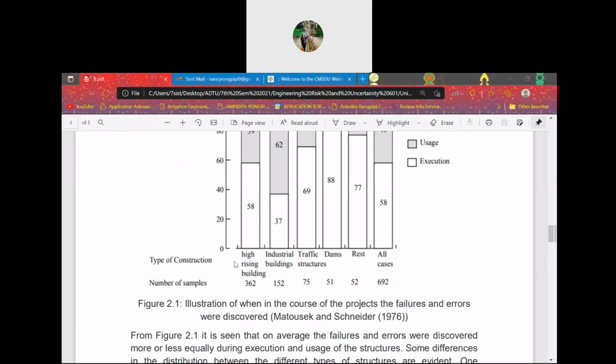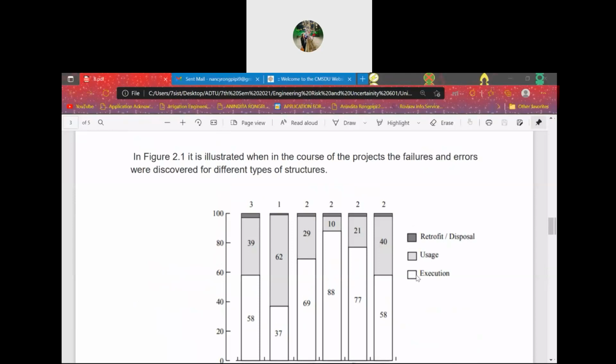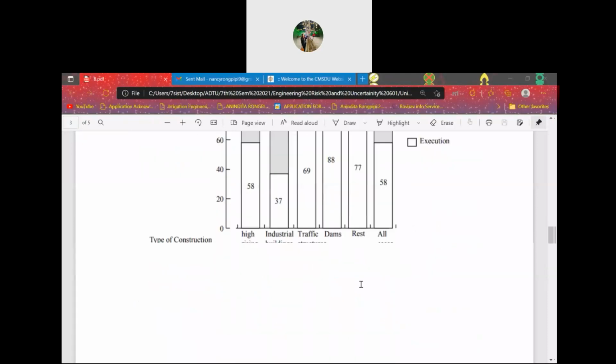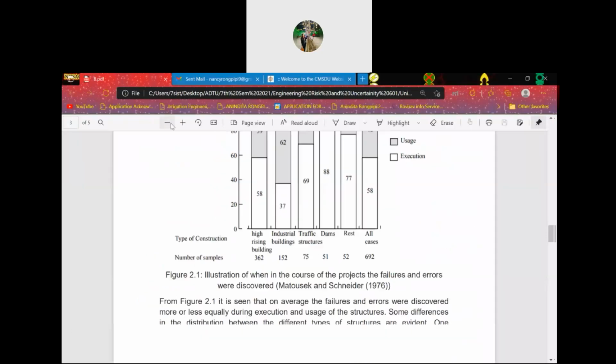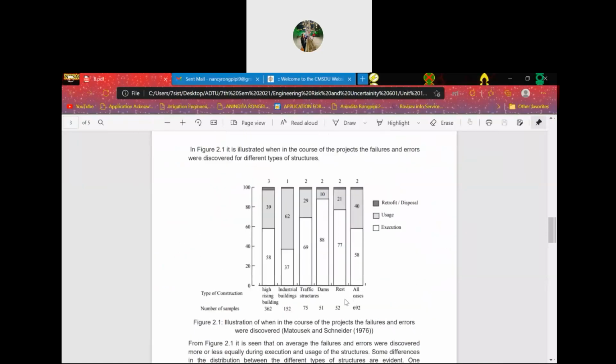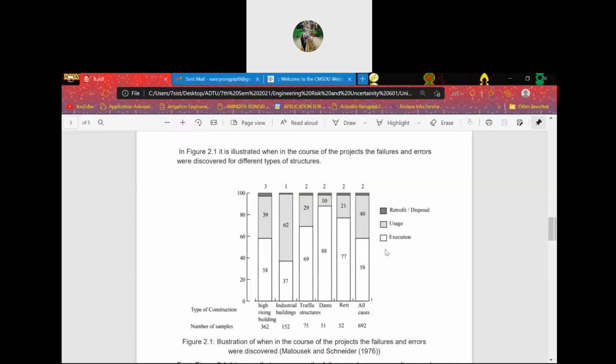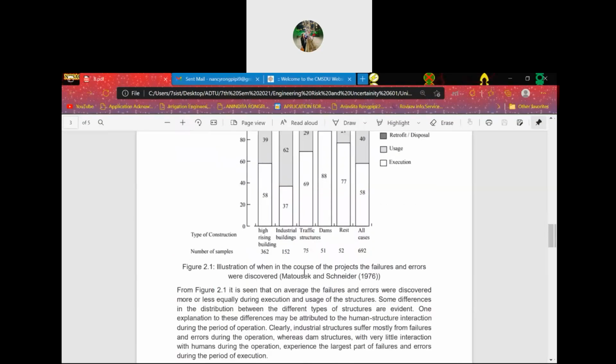These are the different types of construction: the plain part is execution, the next part is usage, and the highlighted part is retrofit, that is disposal, for high-rise buildings, industrial buildings, traffic structures, dams, rest, and all cases. This illustration was reviewed by Matosek and Skinder in 1976.